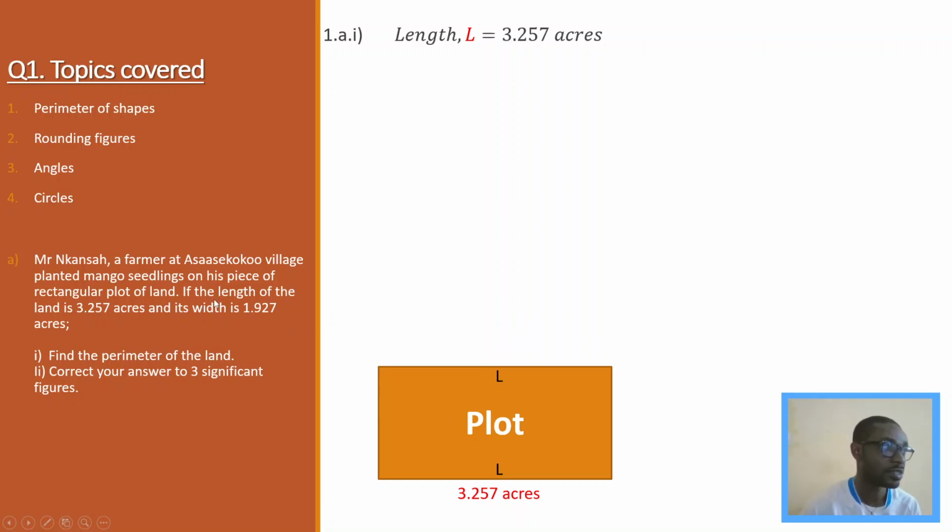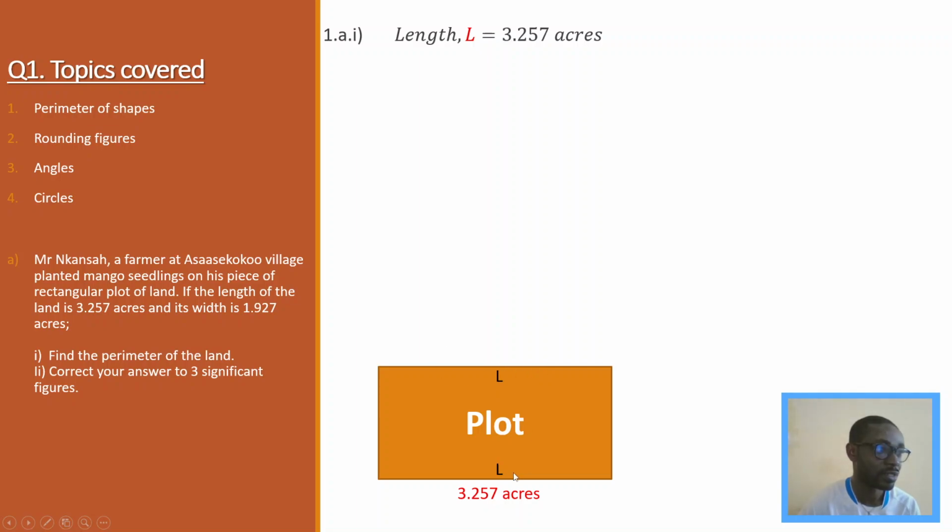It's even stated in the question that the length of the land is 3.257 acres. So we can visualize the plot of land down here. As you've seen, I've drawn it nicely down here. So you can do that in your jotter or on your answer sheet when you are solving your question. You can illustrate it to help you with the solving of the question.